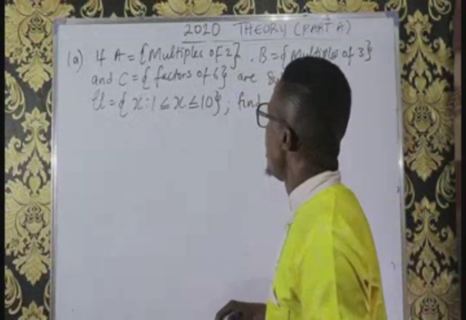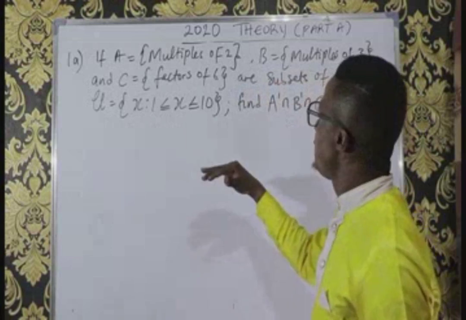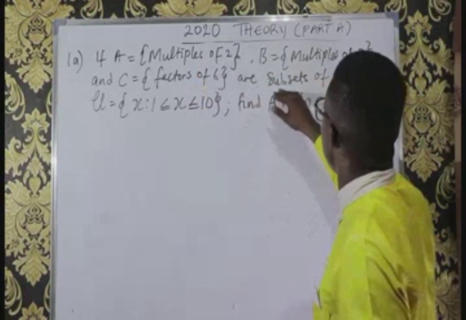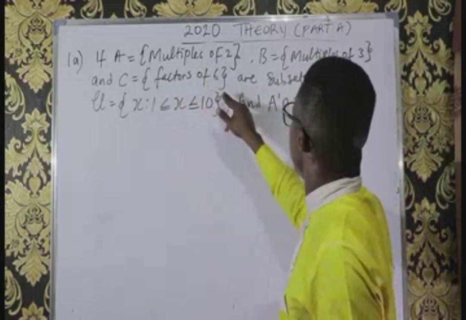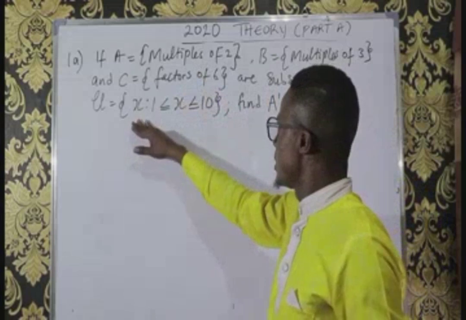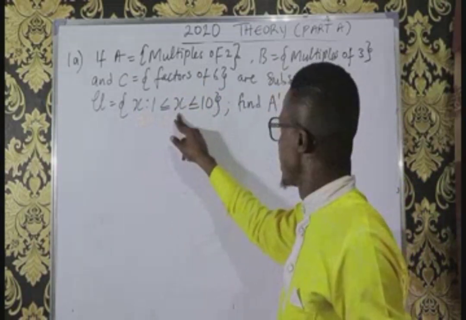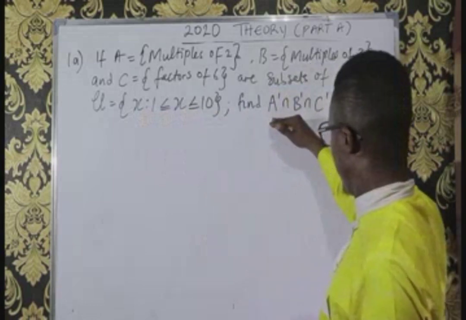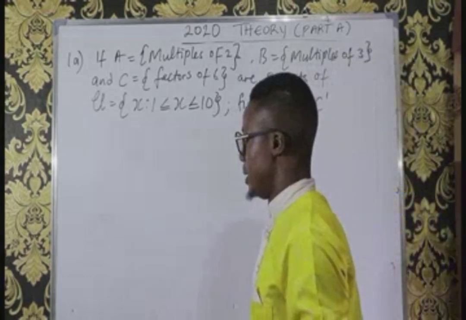The first question in 2020 part A theory question says that if A is multiples of 2, B multiples of 3, and C factors of 6 are subsets of universal set X such that 1 is less than or equal to X and X is less than or equal to 10, we should find A complement intersection B complement intersection C complement.